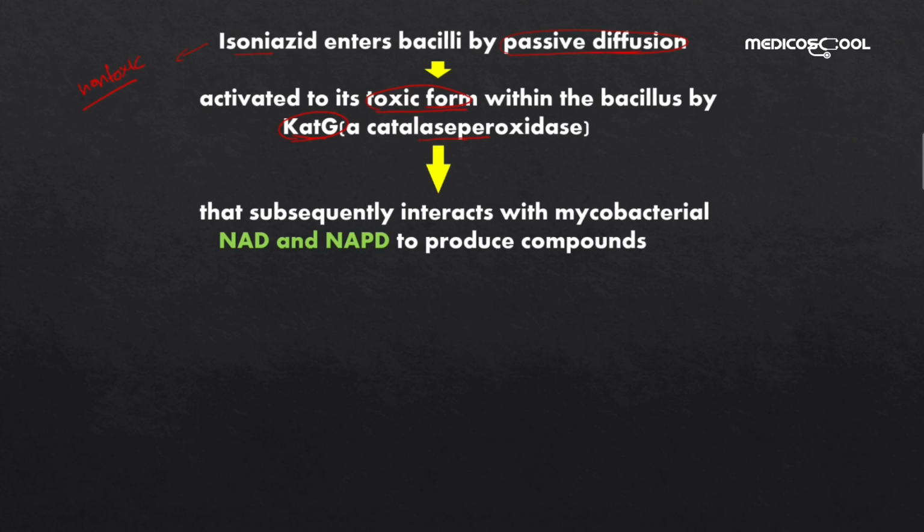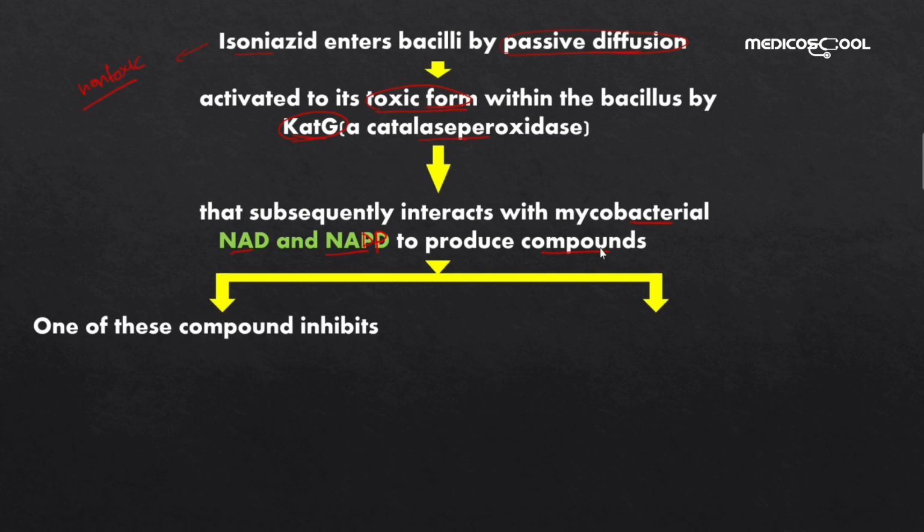Then this toxic form interacts with the mycobacterial NAD and NADP, nicotinamide adenine dinucleotide phosphate, to produce compounds. These compounds may be of two types or more, but we will discuss only two types.